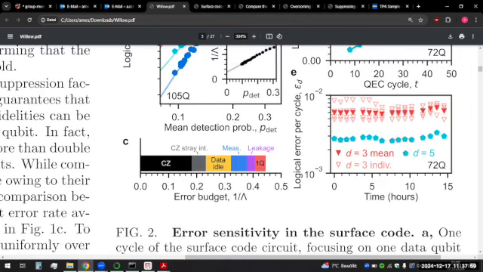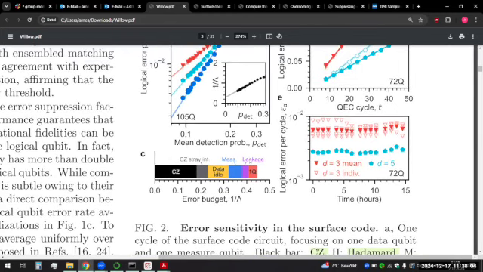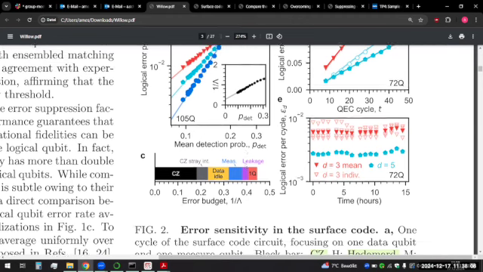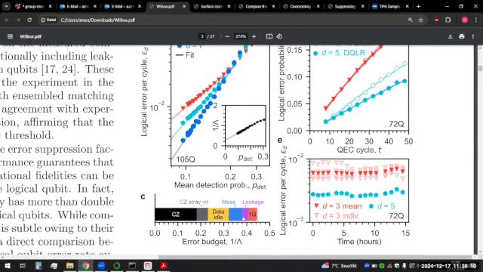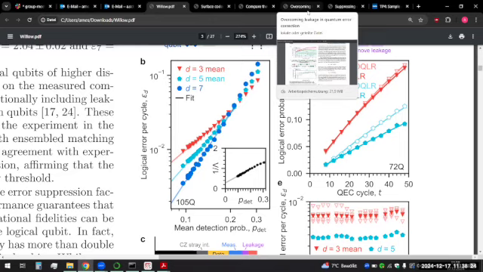Yeah. And maybe let's also talk a bit about leakage, because the leakage is relatively low here as compared to maybe some other cases. And what they are doing to actually decrease this is DQLR, which is the data qubit leakage removal. And this is also connected to another paper from them.